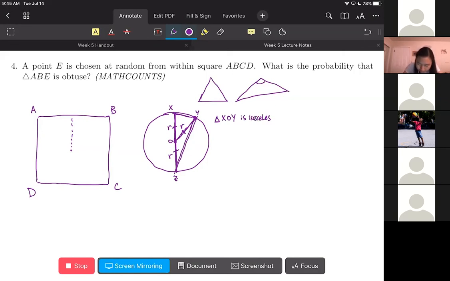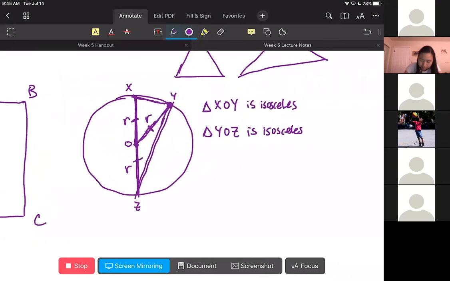Spelled it wrong. Isosceles. And then similarly, we have triangle YOZ. It's also isosceles because OY equals OZ, right? Because they're all radii.